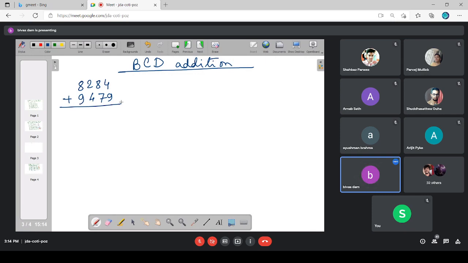That means the decimal numbers are encoded into BCD. That means some binary flavor for the decimal number is available, and with those binary flavors, we have to go for the addition. As the pattern is binary, it is the binary encoded version, not the binary converted version.